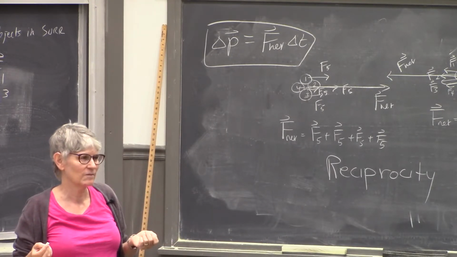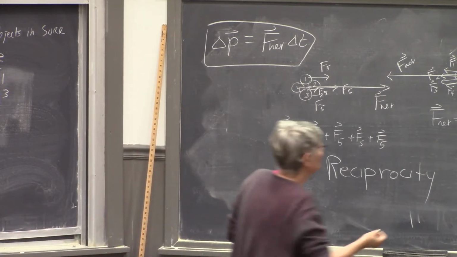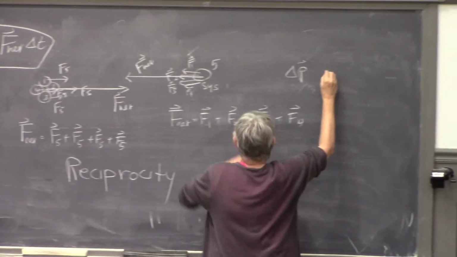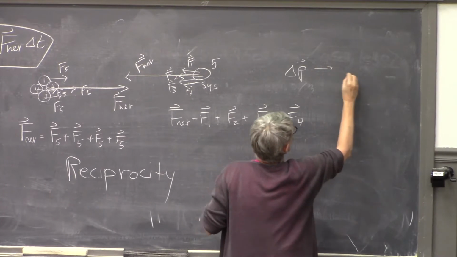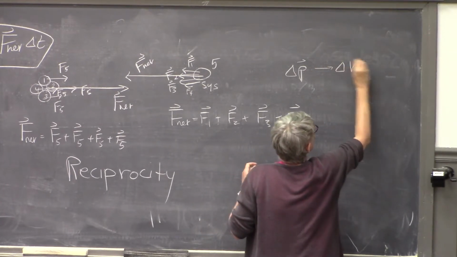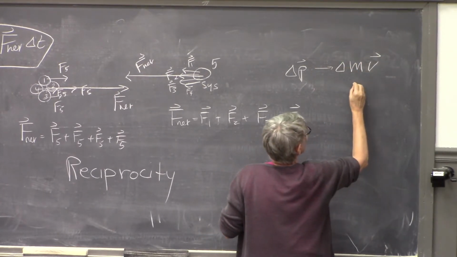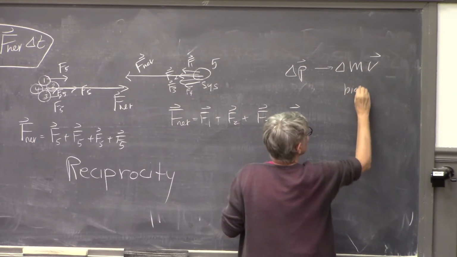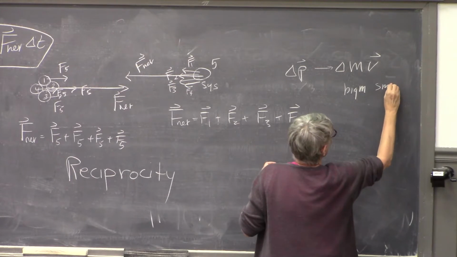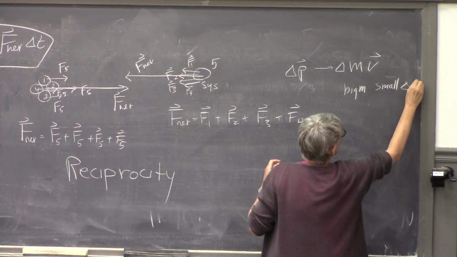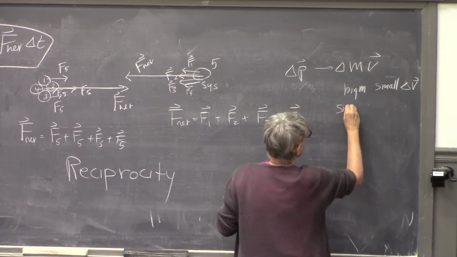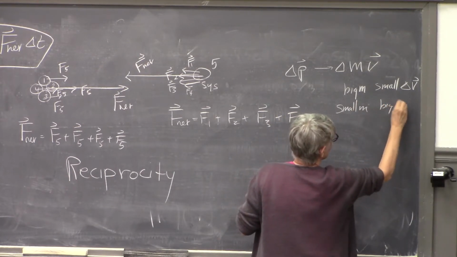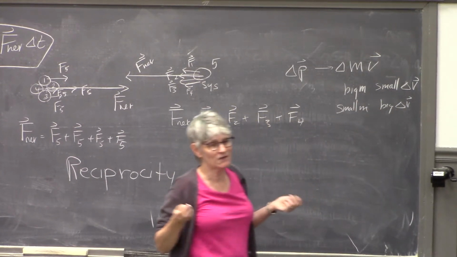So for the same delta P, change in mass times velocity, if we have a big mass, a small change in velocity; a small mass, a big change in velocity.